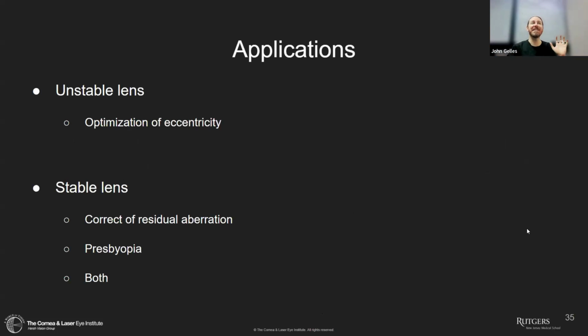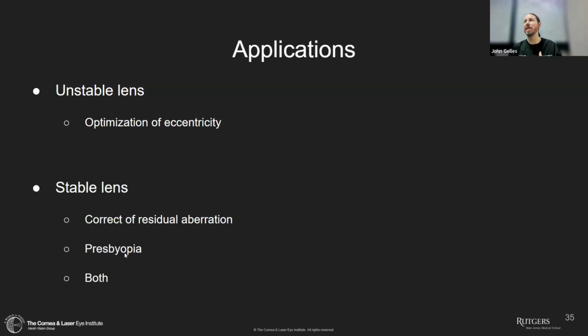If, however, I have a stable lens, I'm going to use that to correct the residual aberration, right? Because I know that lens is going to stay in the same spot. So now I can target each one of those individual aberrations to reduce them all and provide the patient with the best overall outcome.